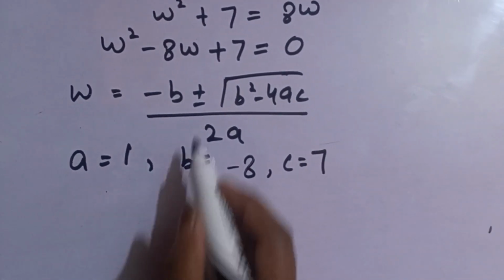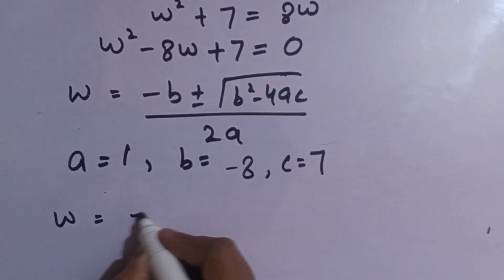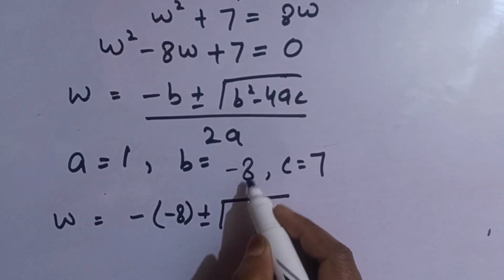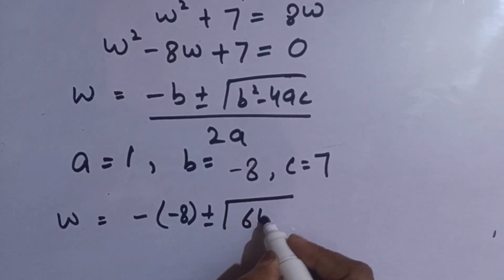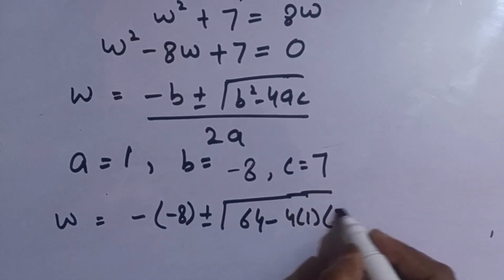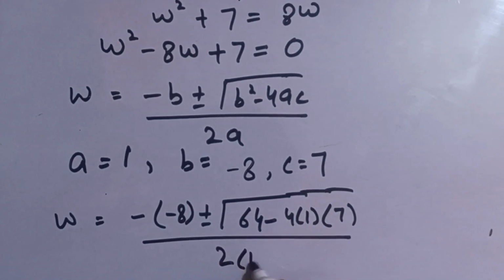Now we substitute these values in this formula. So we have minus b, and b is minus 8, plus minus square root of minus 8 square, which is 64, minus 4 times a, which is 1, and c is 7, over 2 times a, which is 1.